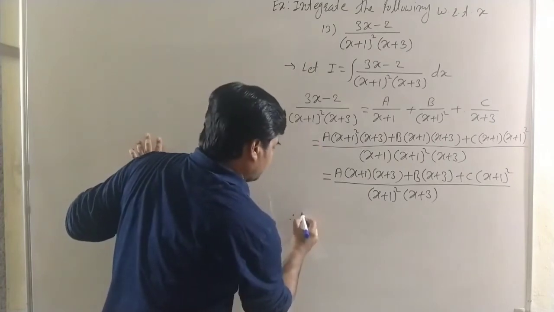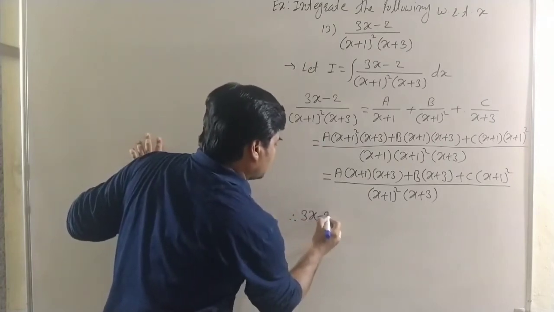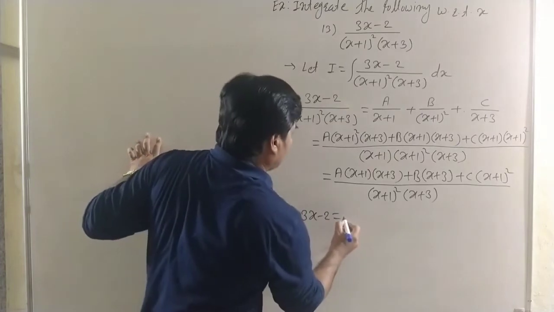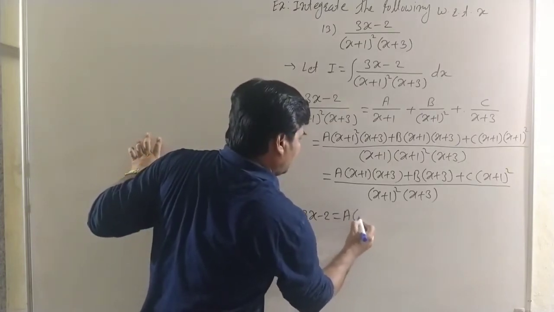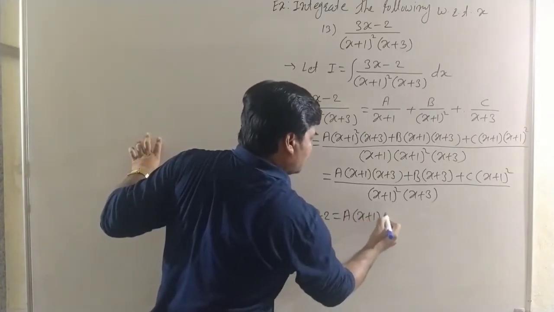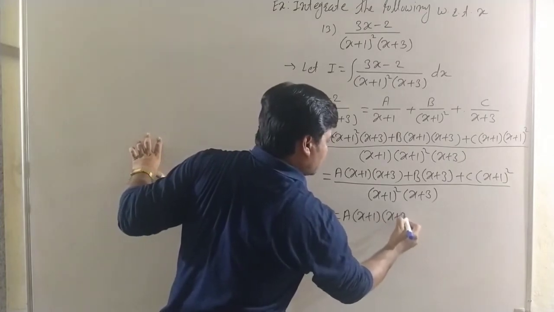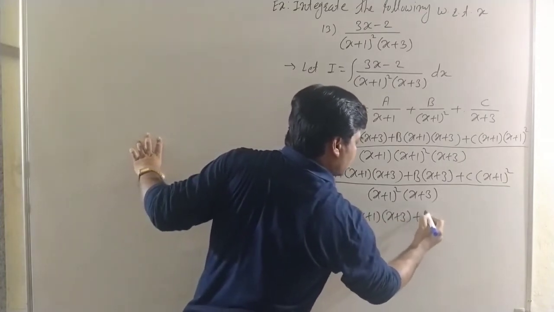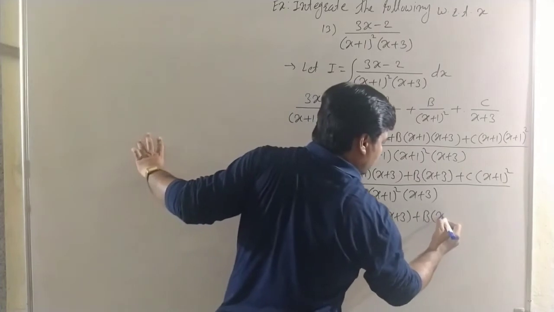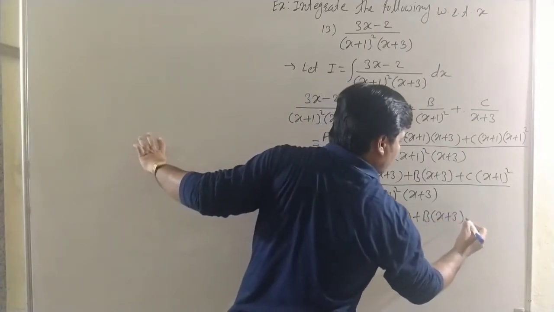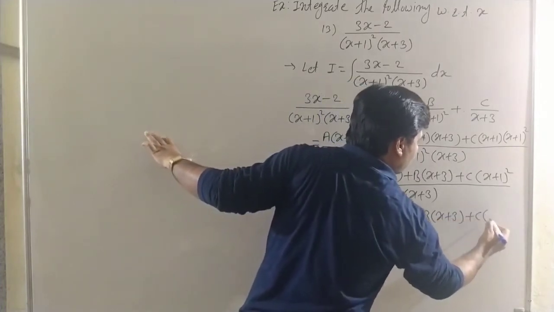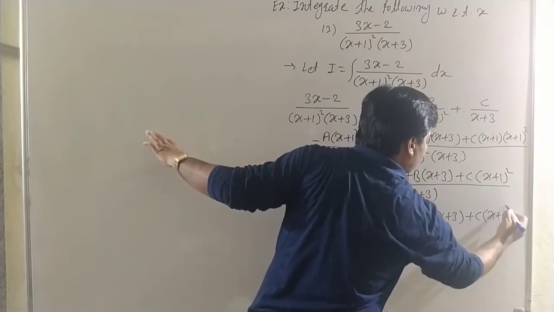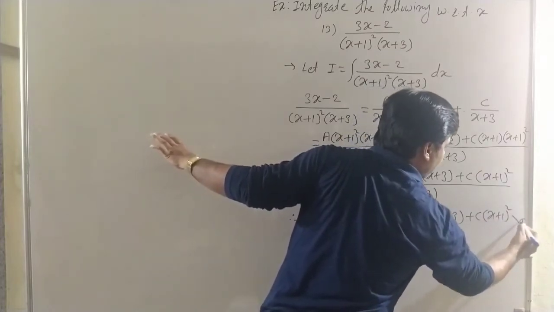Therefore this can be written as 3x minus 2 is equal to A into (x plus 1) into (x plus 3) plus B into (x plus 3) plus C into (x plus 1) square, and it is equation number 1.